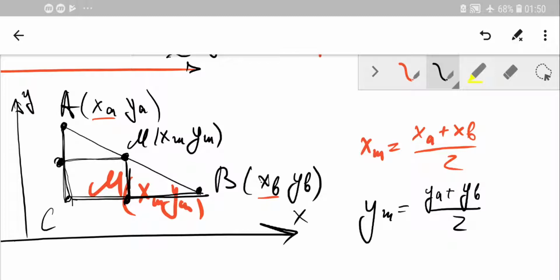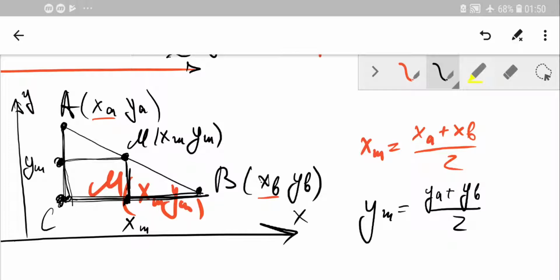So in this case, you can say that this becomes the midpoint for segment AC, and this becomes the x midpoint for BC, all right?